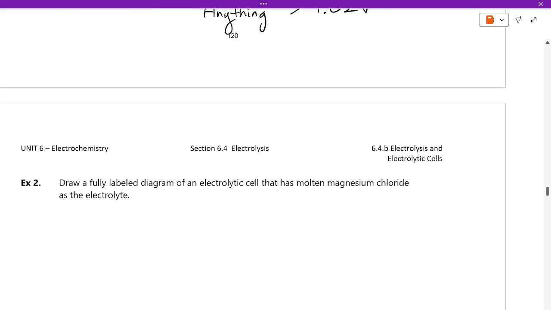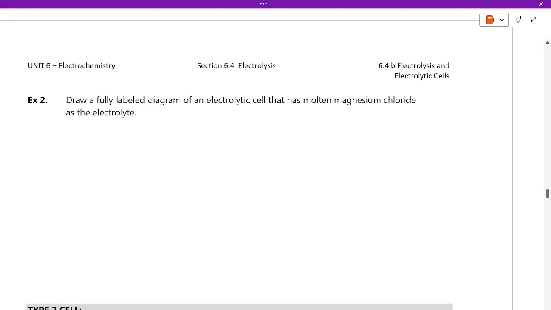Okay. Draw a fully labeled diagram of an electrolytic cell that has molten magnesium chloride as the electrolyte. That's going to include the movement of your electrons and the movement of the ions.